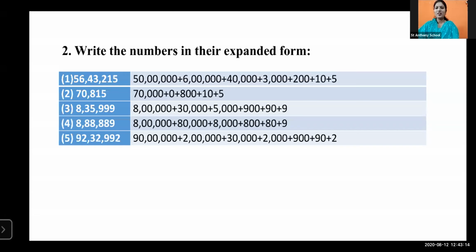Then give the plus sign. Okay. Then next digit is what? 8. Okay. So after 8 is 2 zeros are there. So the place value of this 8 is 800. Then again give the plus sign. The next digit is 1. Okay. So how many digits after 1? Only one digit is there, that is 5.